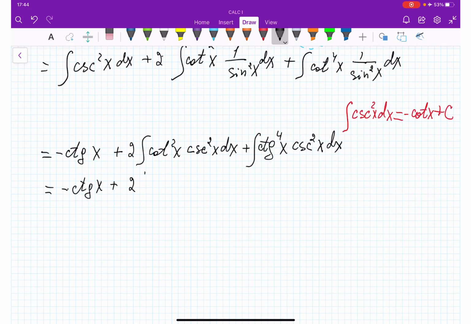And this is what I'm going to do with the second integral. So substitution: t is equal to cotangent x. From here, dt is going to be equal to the derivative of cotangent x, which is negative cosecant squared x dx.